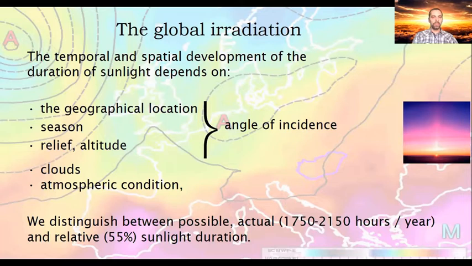Because of this, on a spot on the Earth, we distinguish between possible, actual, and relative sunlight duration. For example, in Hungary, the possible sunlight duration every day from sunrise to sunset is around 2,000 hours per year, and the relative is 55%.